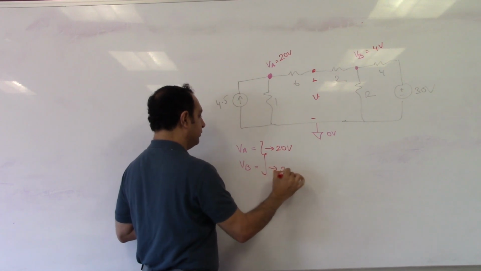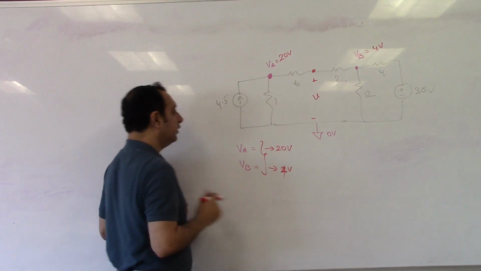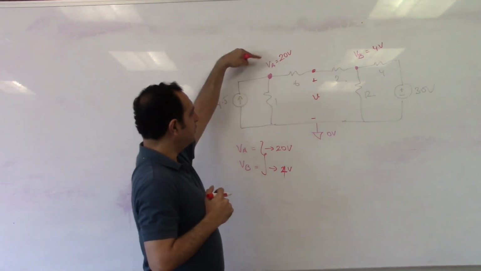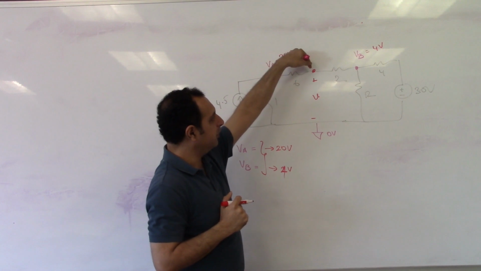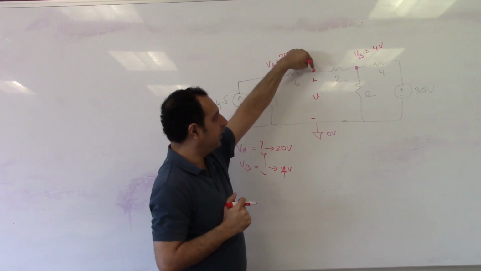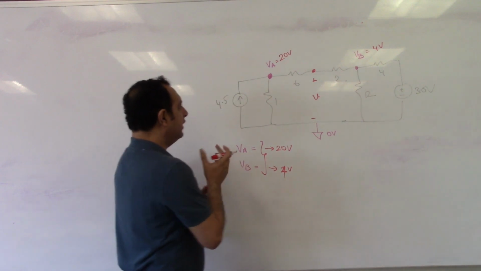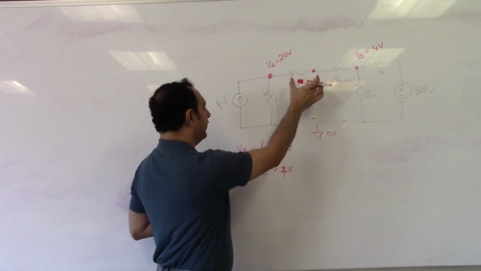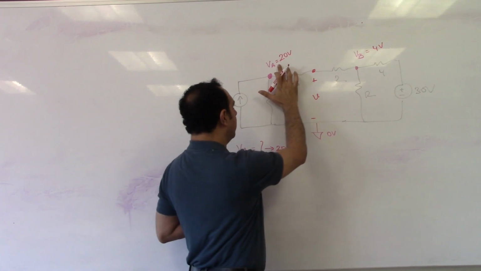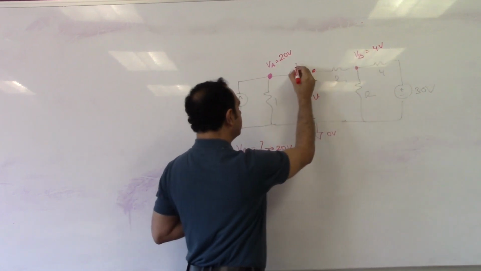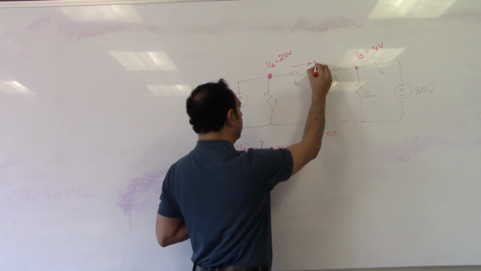I'm just assuming them; you might get some other value. What we're trying to say is, if this is 20 and that is 4, what would be the voltage at this point in the circuit? With this, we'll find the current. If 20 volts is here and 4 volts there, obviously the direction of current is like this.